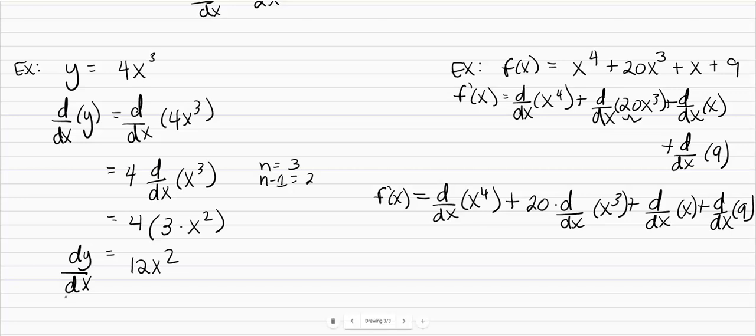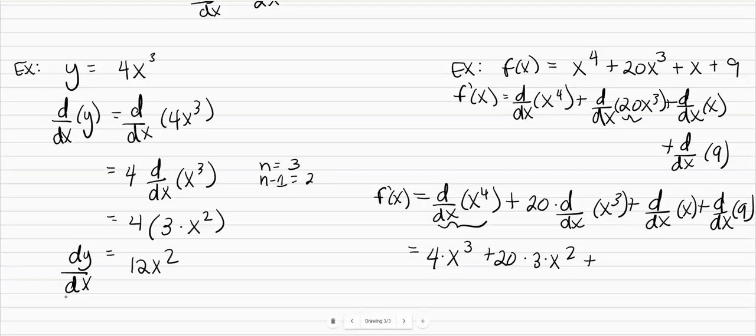So using the power rule, that 4 becomes my new coefficient, and that x now has 1 less than 4, which is 3. Plus my 20 multiplied by the derivative of x cubed, which is 3 times x squared.